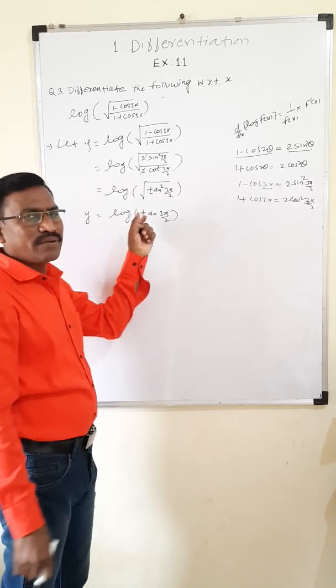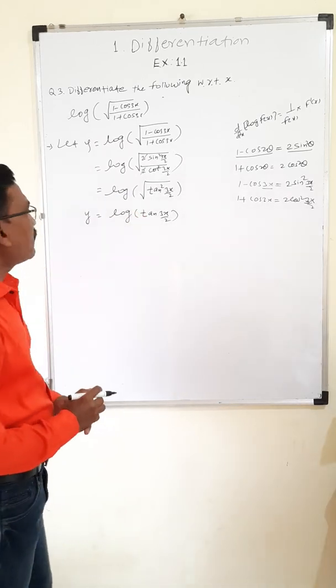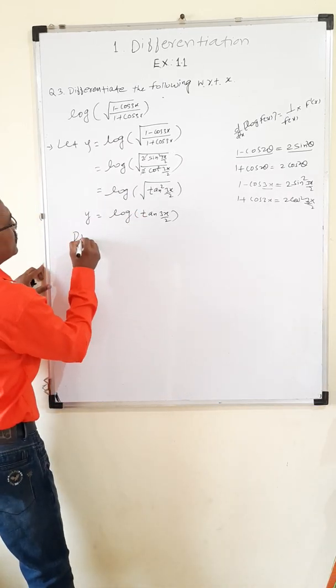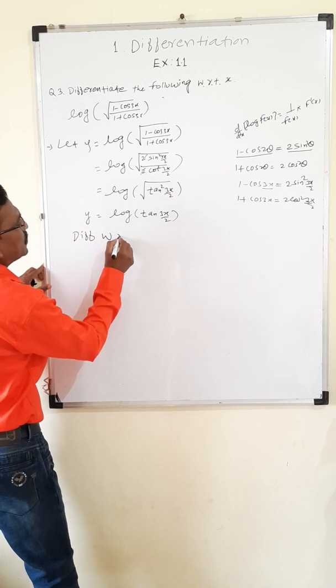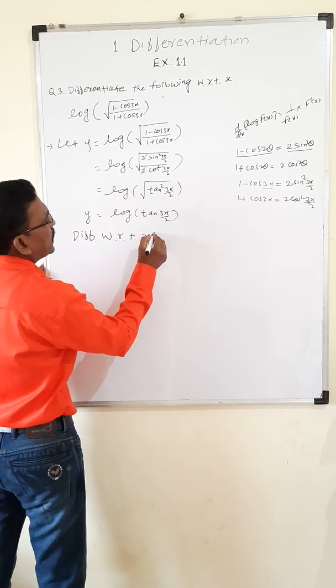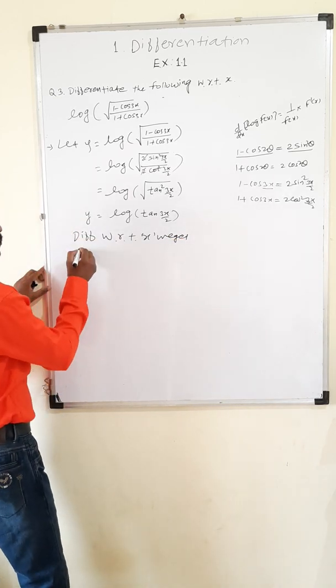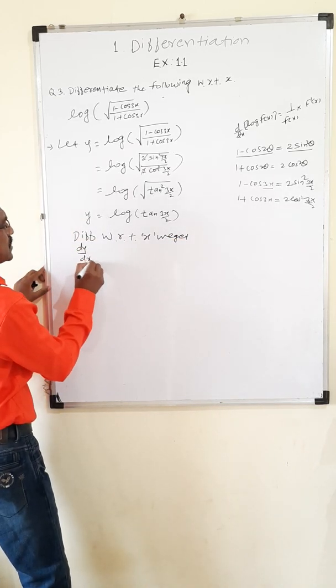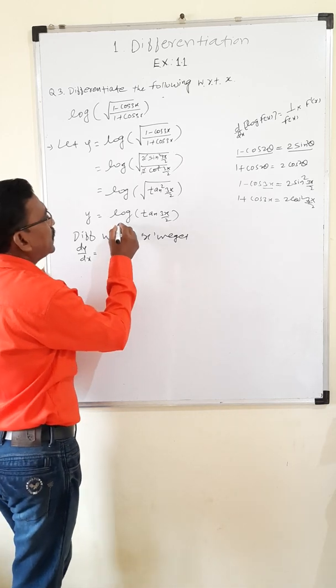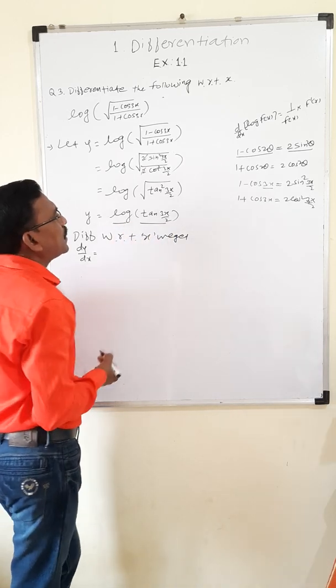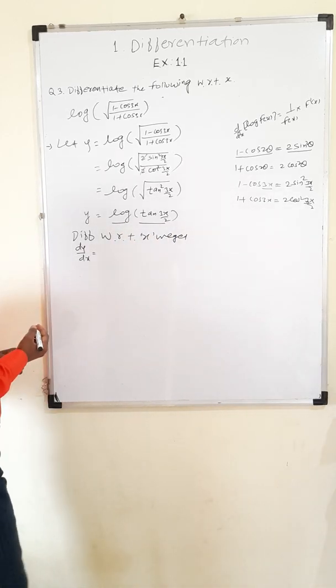Now we have simplified, so we take its derivative, differentiating with respect to x. So dy by dx is equal to the derivative of log of tan 3x by 2.